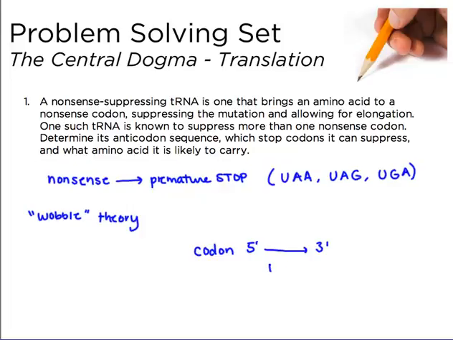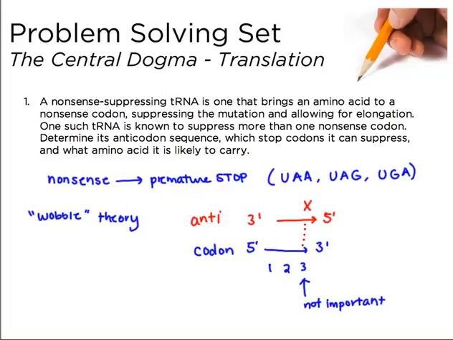So we could say 1, 2, 3, and this third nucleotide is not as important for base pairing. Anticodons run antiparallel to codons, so they run 3' to 5'. This means it is the 5' nucleotide in the anticodon that does not have to be a perfect match. So just keep that in mind as we solve this problem.